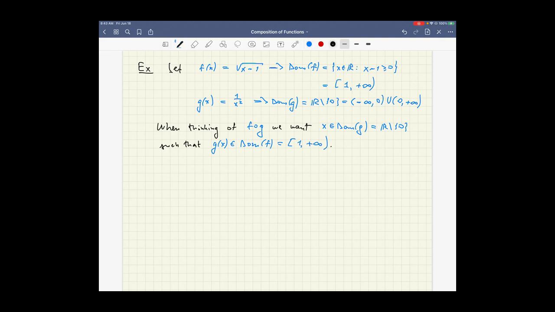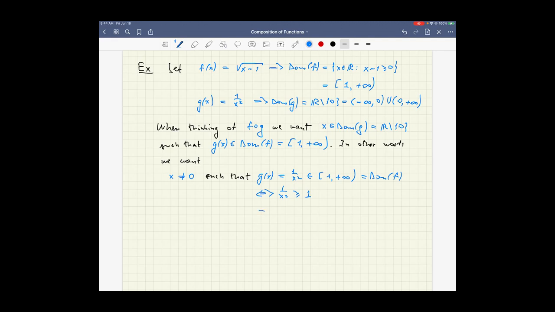In other words, we want x in the domain of g, so x is non-zero, such that g of x, which is 1 over x squared, be in the interval [1, infinity), which is the domain of f. This simply means that 1 over x squared is greater or equal than 1.